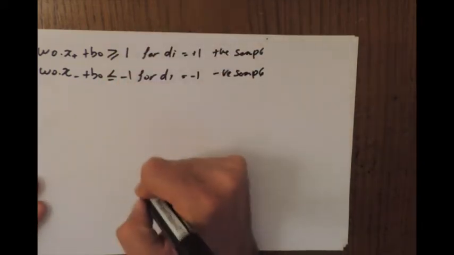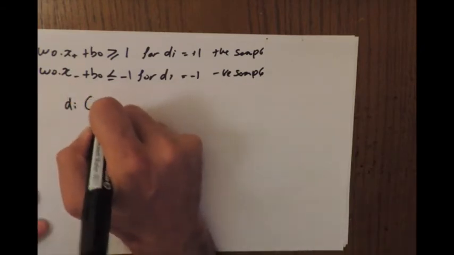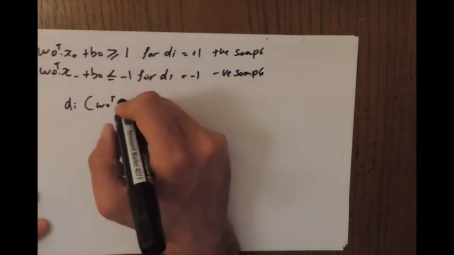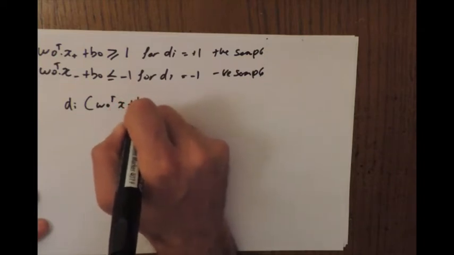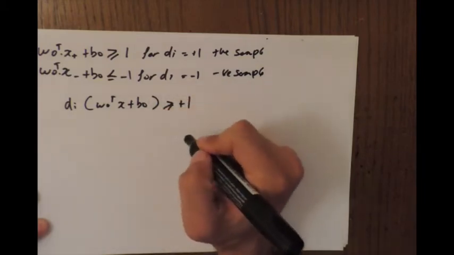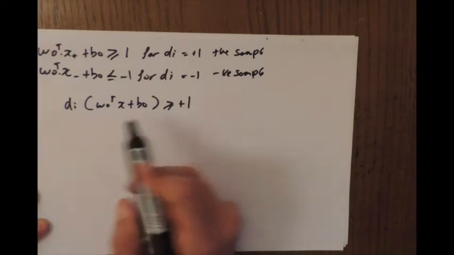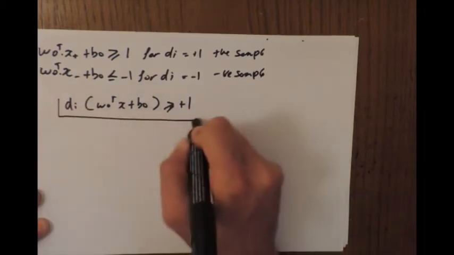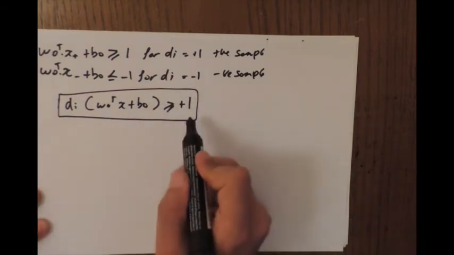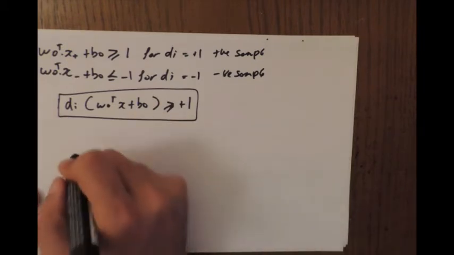I can combine those two conditions by writing di times the optimum weight transpose X plus B0 should be greater or equal to plus 1. This condition is equivalent to those two conditions, because if di is plus 1, this will be greater or equal to 1. If di is minus 1, then I multiply both sides by minus 1 and the inequality flips.